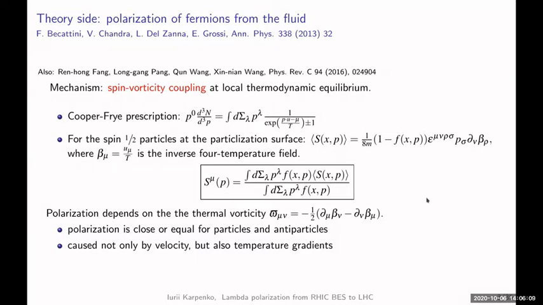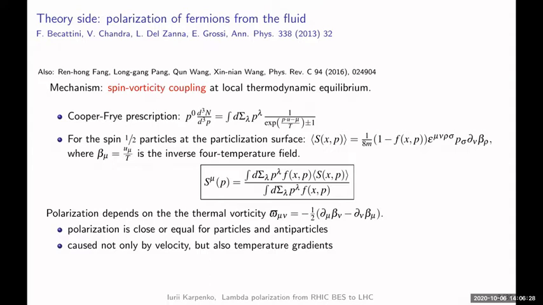Nevertheless, this formula leads to two important consequences. The first one is that, because that's thermodynamics, the polarization of particles and antiparticles is in principle equal. The only difference can be caused by chemical potential.